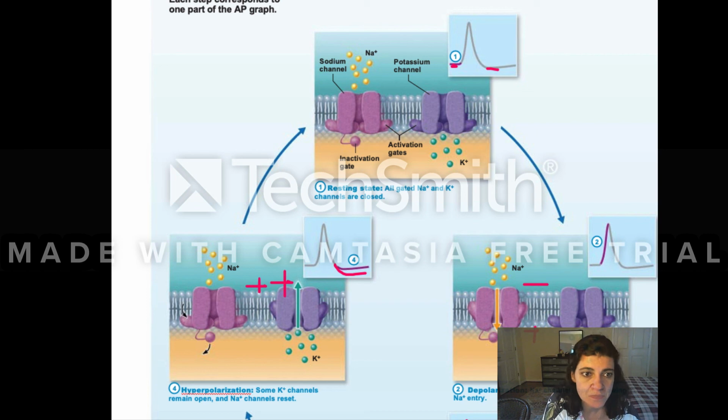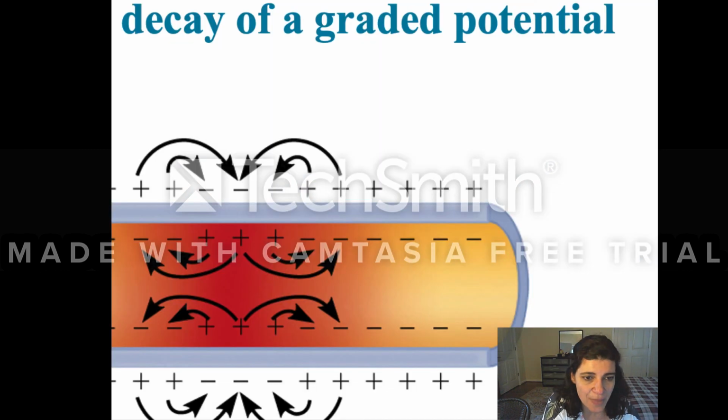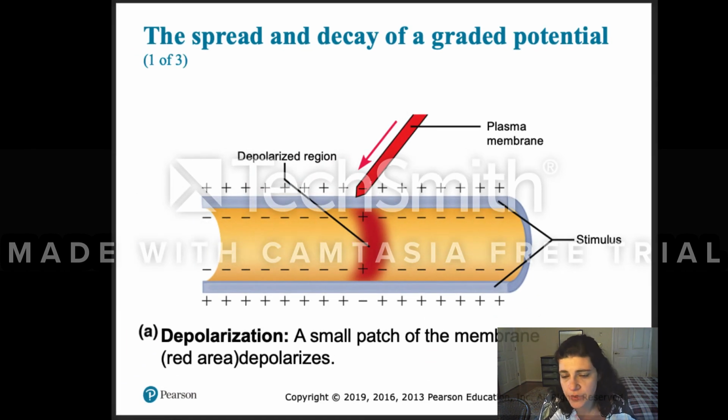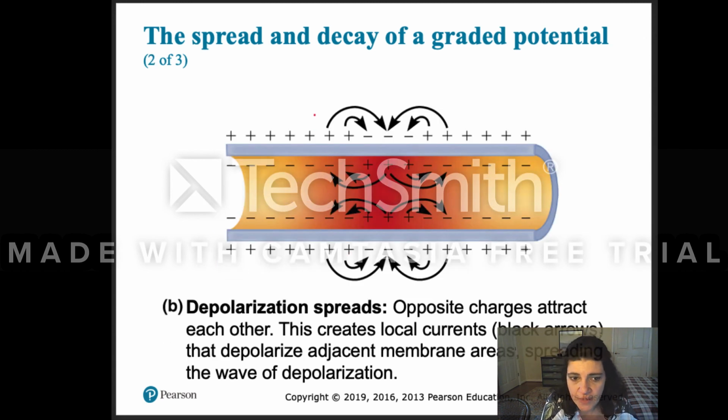When we talk about graded potential, this happens, but it's localized. So this is what happens in a graded potential. You see how there is a depolarization in this part of the membrane? Okay, this propagates, you see how it started here, and then it keeps moving to the sides.